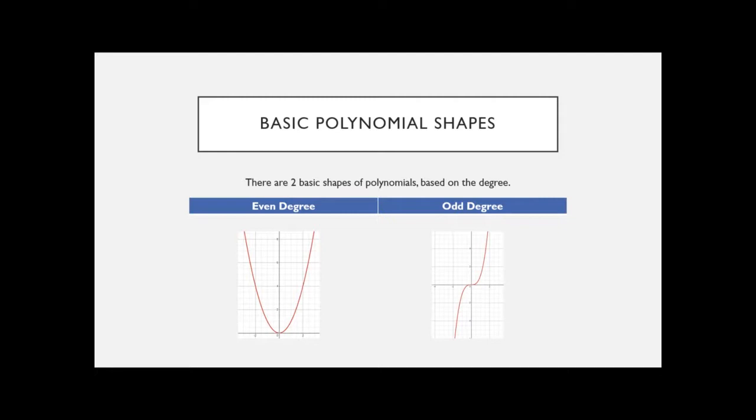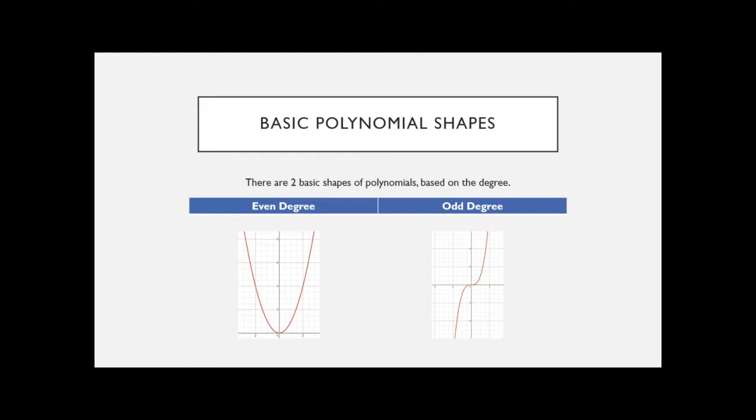Basically, any polynomial that has the highest degree as an even number is going to look something like on the left. So that would be if it has an x to the 4th as the highest, or an x to the 6th, or x to the 8th. Anything that has an even exponent as that highest exponent is looking like on the left.